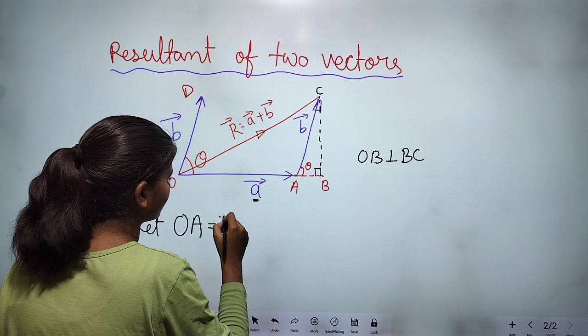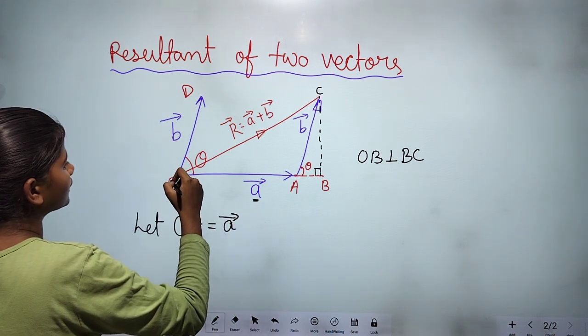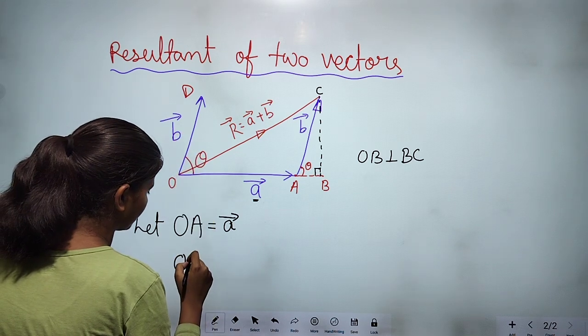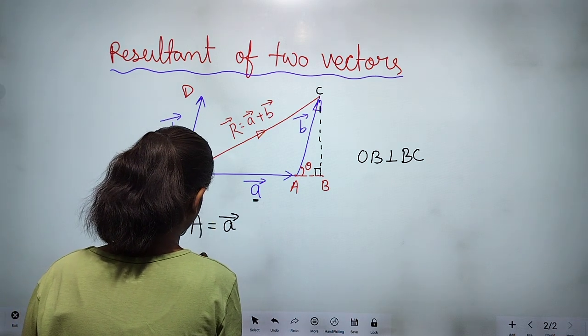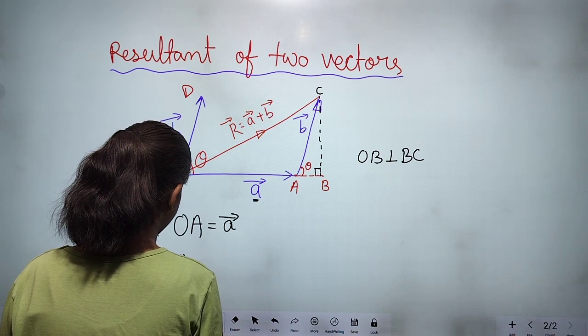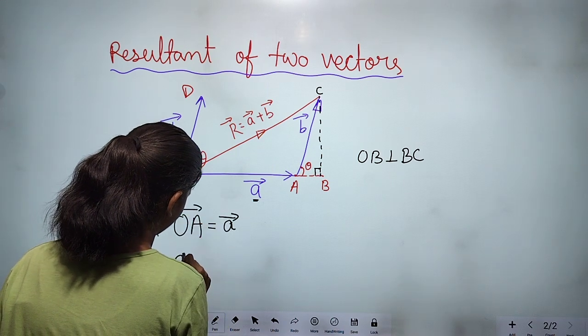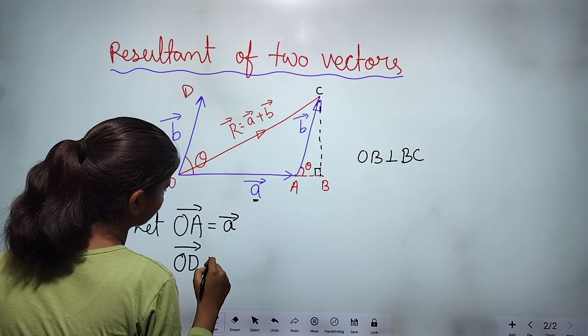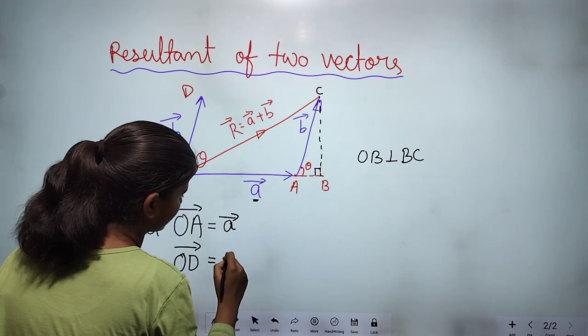OA is equal to our A vector. And let OD be equal to B vector. OD vector is equal to our B vector.